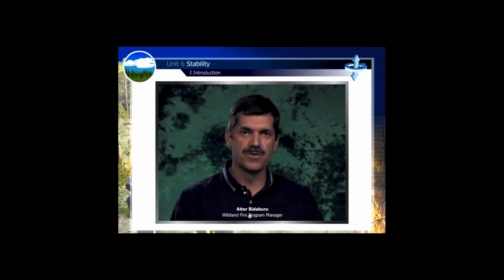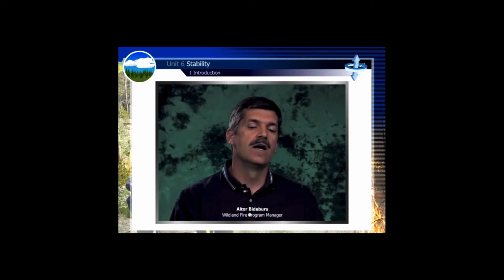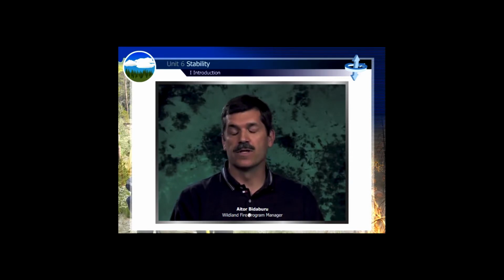By mid-afternoon, we were getting significant downdrafts with gusts of 30 miles an hour from the cumulus development. This changed our tactics drastically. We went into a defensive mode. The crews went into the black, and at that point we ordered additional resources and proceeded with structure protection in the area.